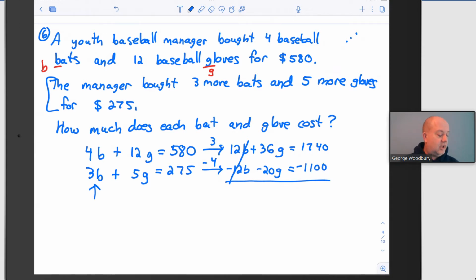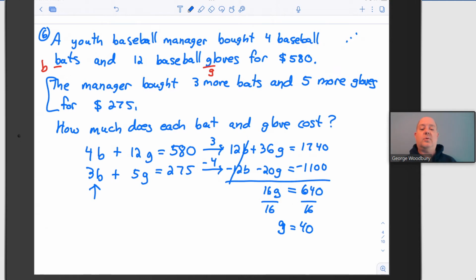Add the two equations together. 16g equals 640. Divide by 16, g equals 40. So right now I know that each glove, G for glove, costs $40.